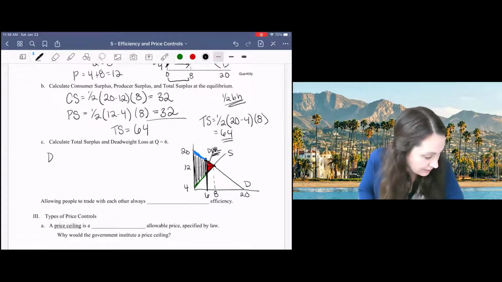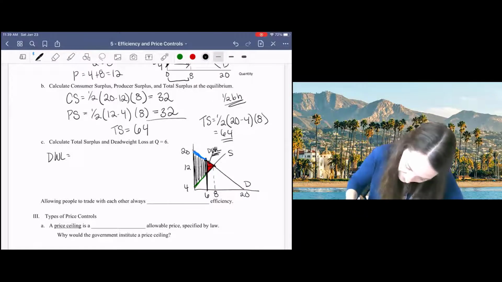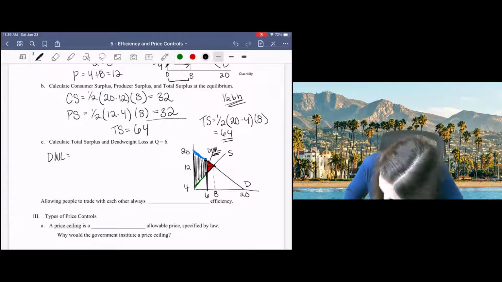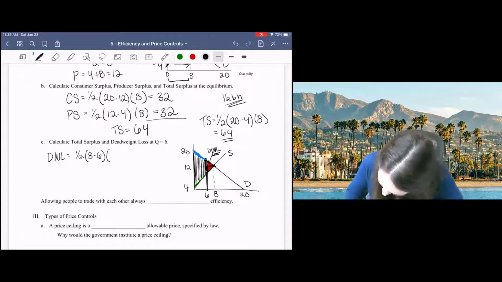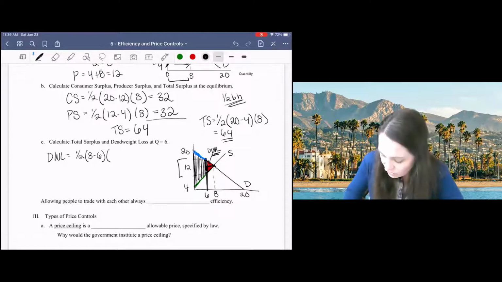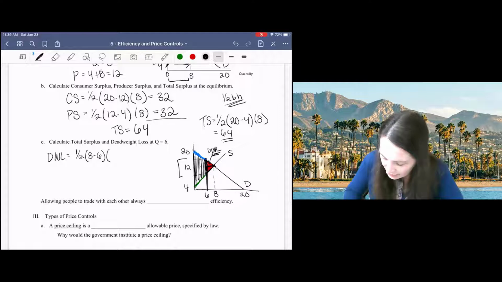Here, our deadweight loss would be equal to 1/2 times the height of the triangle times the base of the triangle. And I can see the base of the triangle is going to be 8 minus 6, but I don't know what the height of this triangle is, right? So I need to find these 2 prices in order to find the height of the triangle and thus the loss in surplus, or the deadweight loss that results.